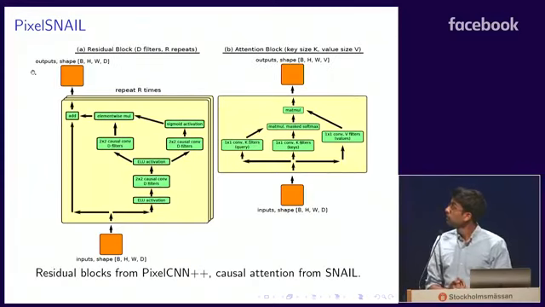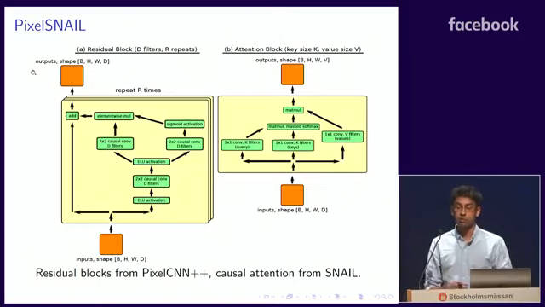This is what the architecture looks like. We've got some ResNet blocks that we copied from PixelCNN++, which is an improved version of PixelCNN. Then we take this causal attention from SNAIL. Basically, for each pixel in the image, you produce a key vector, a query vector, and a value vector.